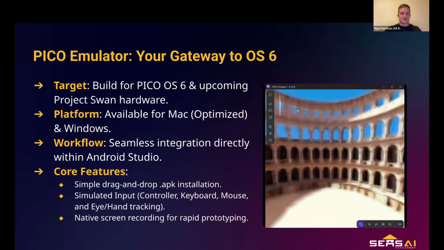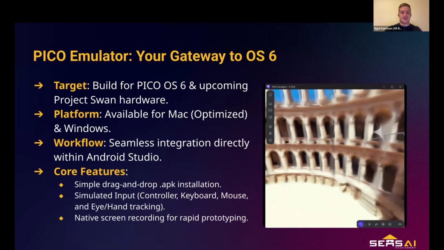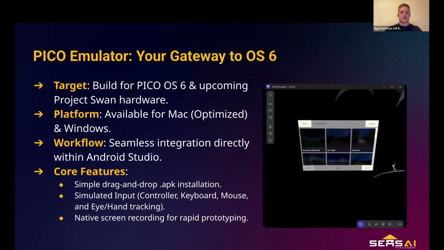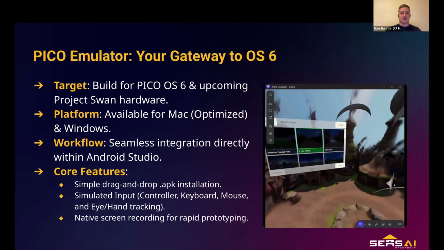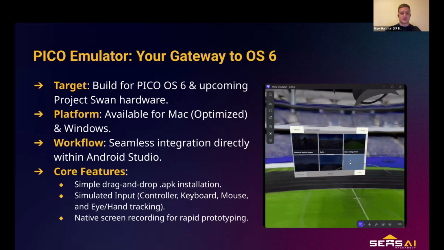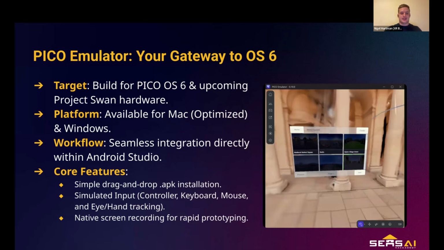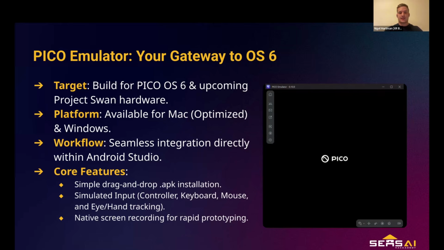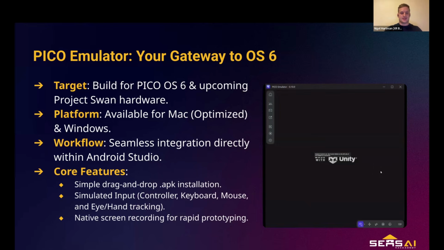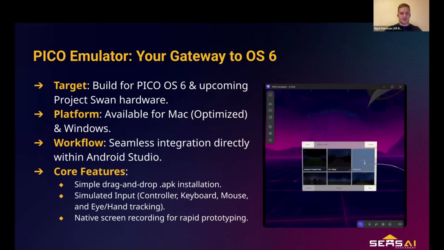And the answer simply is the new PICO Emulator. It integrates directly into Android Studio, and it is heavily optimized for Mac right now, but you can also use it for Windows. And you don't need a physical headset to get started building for OS 6 or for the Project Swan. You can just use the emulator available right now.